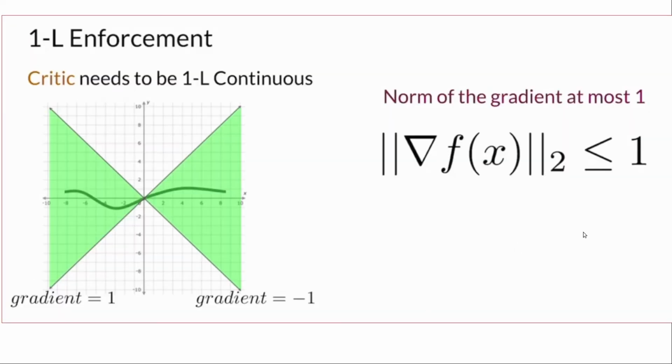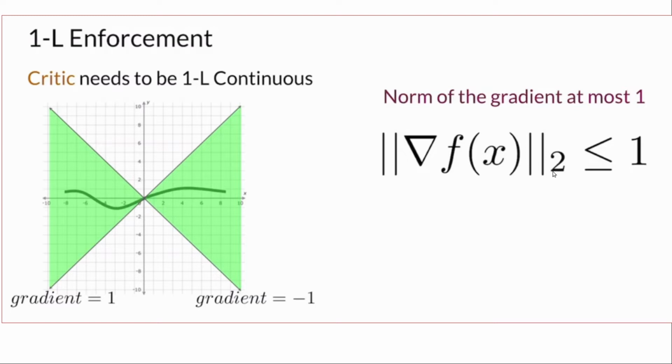So this is the mathematical expression for 1-Lipschitz continuity, and this delta symbol here represents the gradient of f(x), where f is the critic function and x is my input image, that is, the image generated by the generator. The whole inequality just represents that the norm of this gradient is less than or equal to 1.